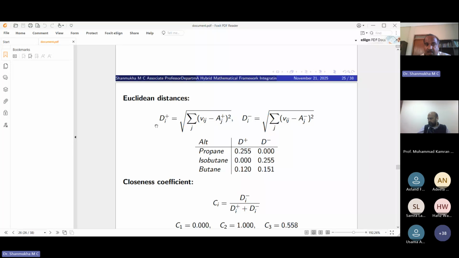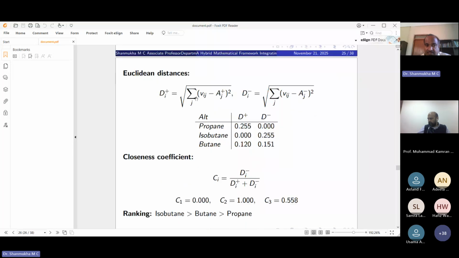Formula to compute Euclidean distances: Di plus is equal to square root of summation of (Vij minus Aj plus) whole square, and Di minus is equal to square root of summation of (Vij minus Aj minus) whole square, where the summation j varies from 1 to n.